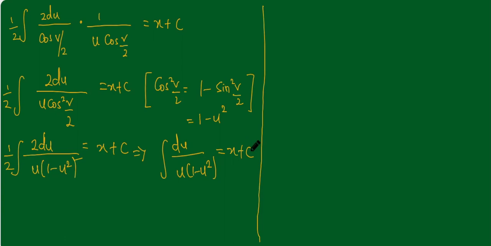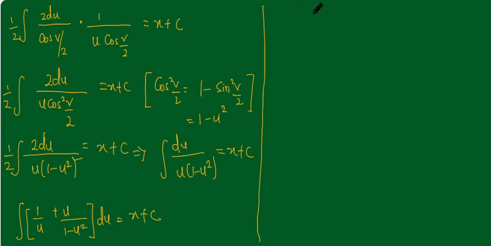On decomposing the left-hand side using partial fractions, we have this equal to the integral of 1 over u plus u divided by 1 minus u squared du is equal to x plus c.